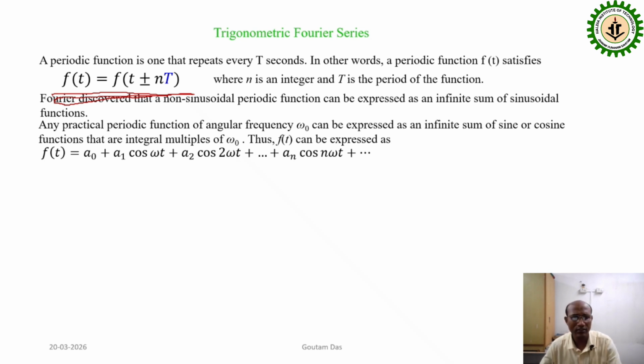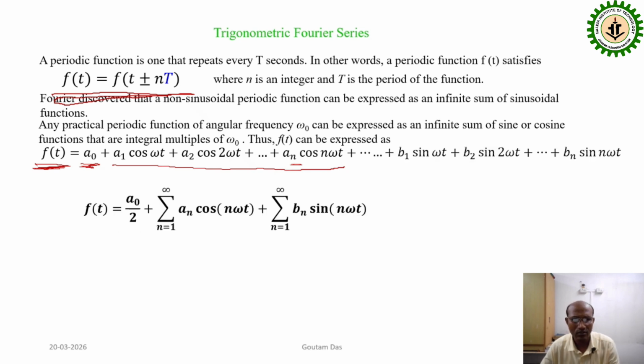What is that Fourier series? The function f of t can be represented as a0 plus a summation of a set of cosine functions: a1 cos 1 omega t, a2 cos 2 omega t, like that, an cos n omega t, where n can go from 1 to infinity.